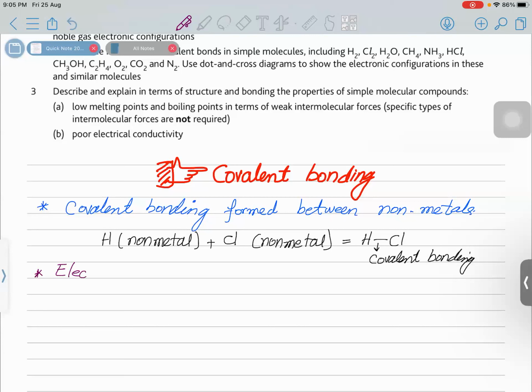So point number 2, electrons are not transferred. Next point, electrons are shared.